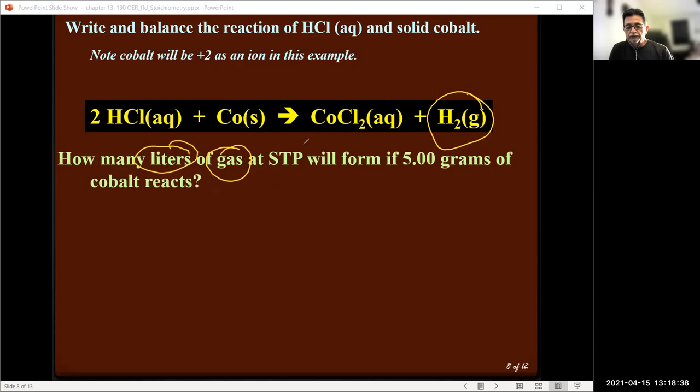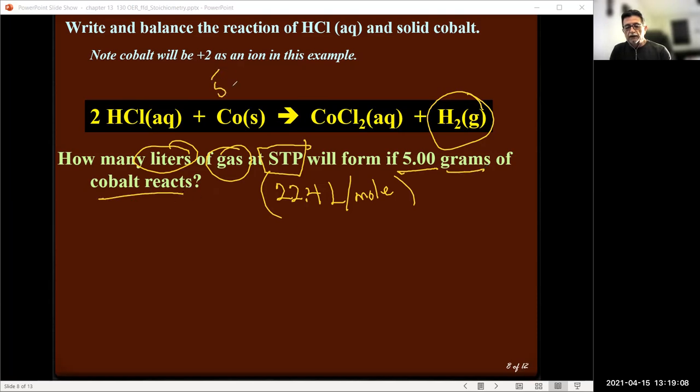A good thing to know is STP, because at STP we can use this relationship: the volume of 1 mole of gas is 22.4 liters per mole. So that's a conversion factor that we can use.